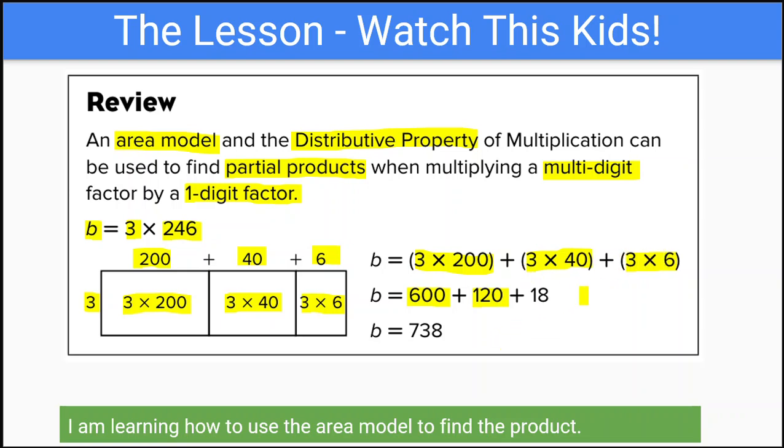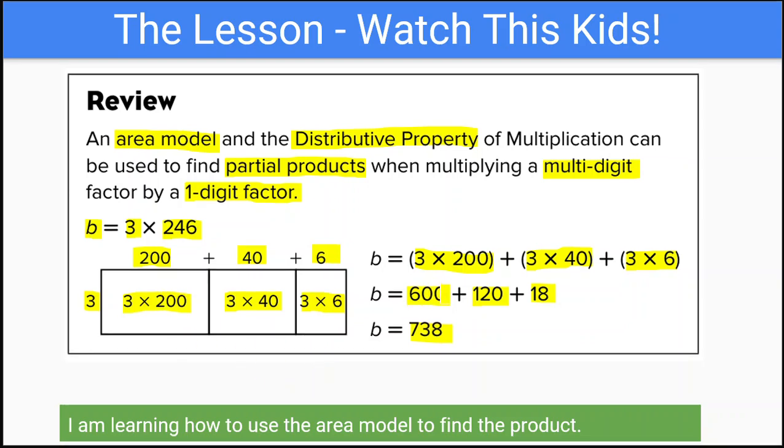And then they went 3 times 6, and that's 18. If you add each one of these up together, you're going to get your final product, which is 738. Now, this is a partial product, a partial product, and a partial product, and altogether it equals 738. Kids, you're learning how to use this area model to find the product. Okay, let's do it together.